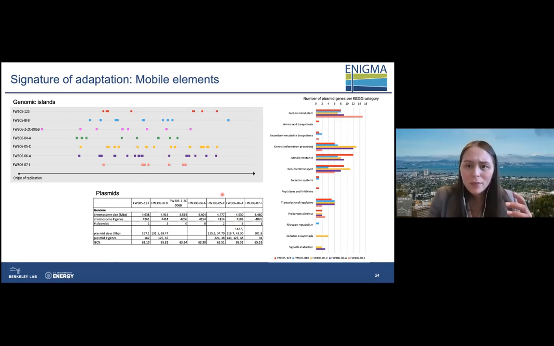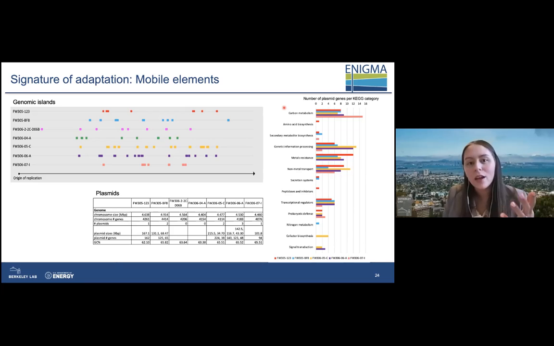And some of the classic plasmid genes that we think about are things like antibiotic resistance, right? Different toxins and things like that. But what we found in these sediment and groundwater microorganisms' plasmids was not really along the lines of what we typically think. We found carbon metabolism, specifically also metals resistance and different transporters.